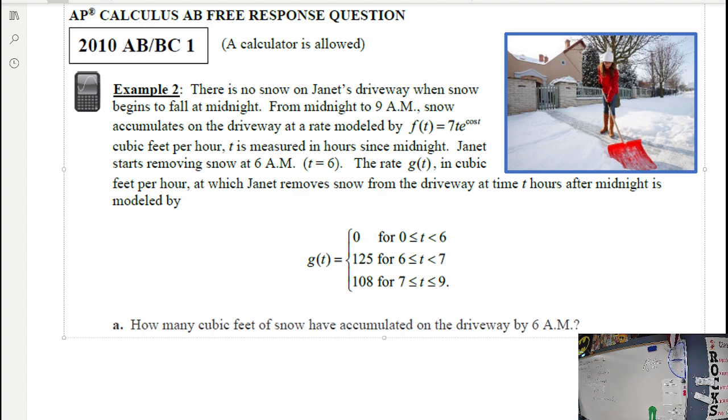This is how fast it's being removed. It doesn't necessarily mean it removed all of it, because there's probably more. Do we have a function that tells us how fast the snow is falling? Yes, we do. So I'm going to give you a second to try to just set up this answer. What do you think you would write down to set this up?